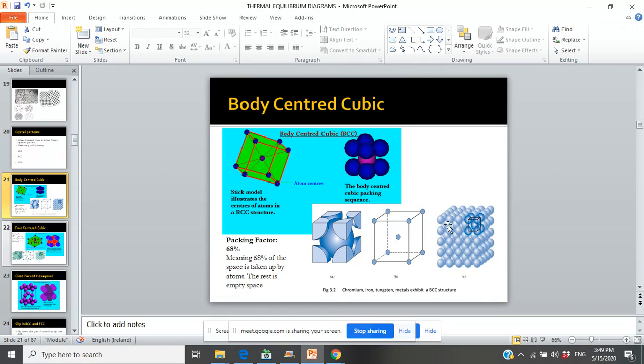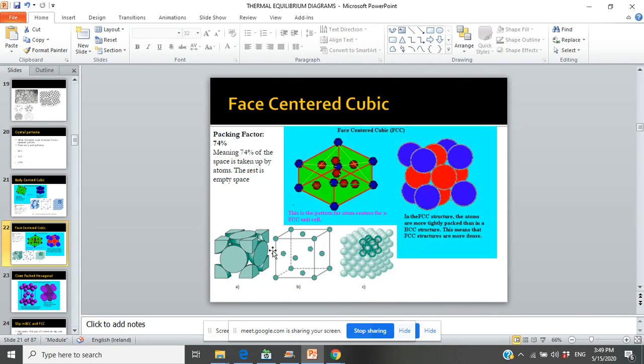The atoms just arrange themselves in this way in those materials. Then if you look at FCC, they're packed in tighter, which makes them softer and more ductile. You're talking about your gold, your aluminium, and your copper. The atoms in those materials just arrange themselves in this fashion.